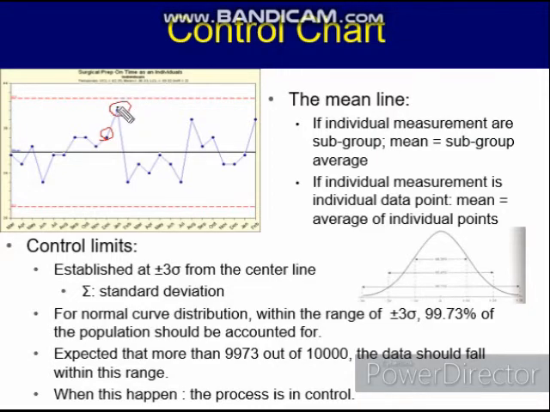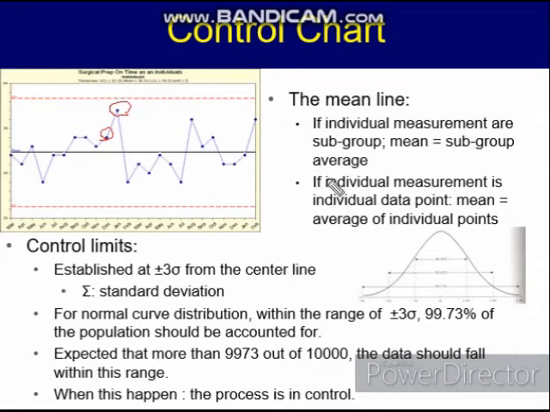This is called a subgroup. So you can have either a subgroup or an individual data point. If the individual measurements shown here are subgroups, then the mean equals the subgroup average.